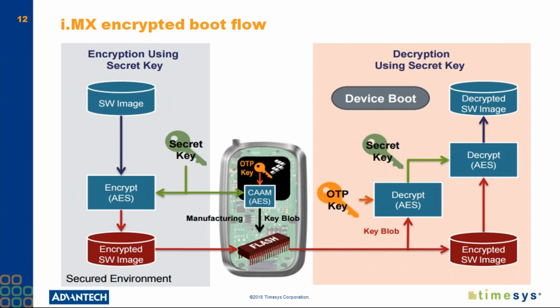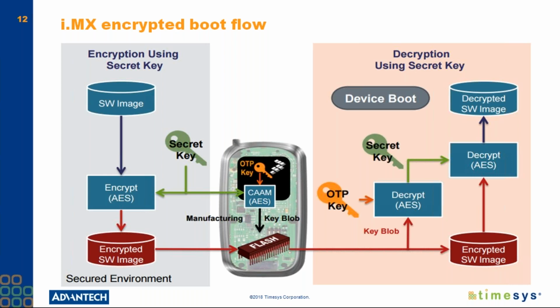Once you encrypt the bootloader image, the way you protect the secret key is during your manufacturing process, you take the secret key and, using either U-boot or the kernel, which has some functions available, you encrypt this secret key using the one-time programmable key, which is the master key pre-programmed by NXP.